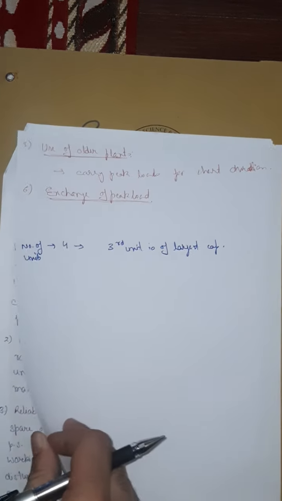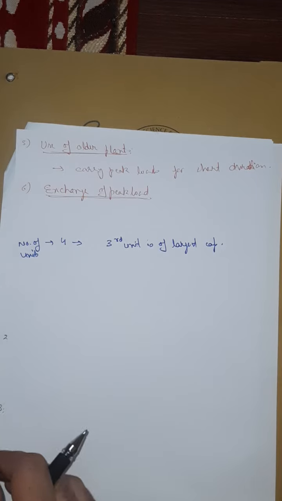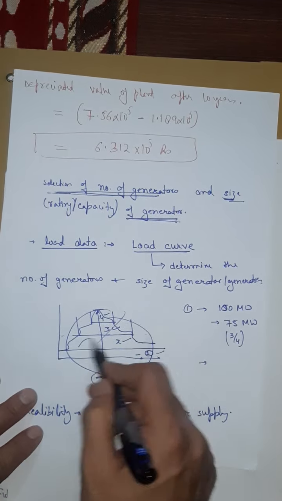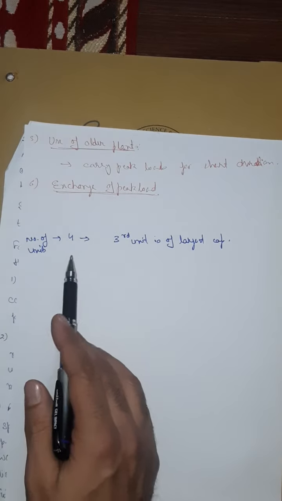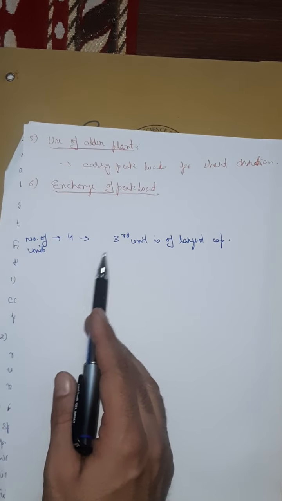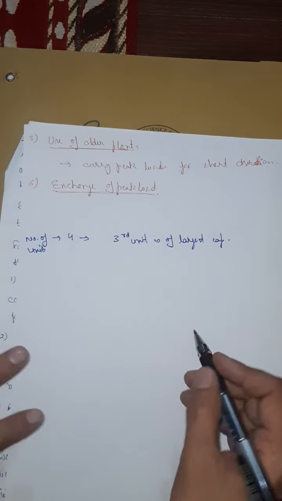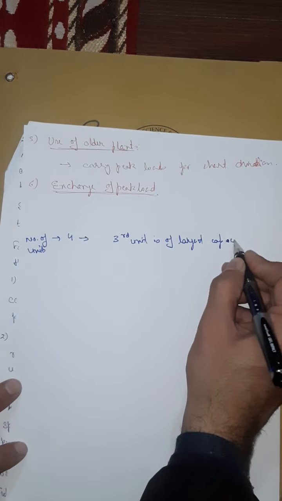I am not taking the example of the previous curve which I have shown here, not these 1, 2, 3, 4. I am saying randomly I have 4 units, 4 generators, and out of the 4 generators, the third unit has the largest capacity.